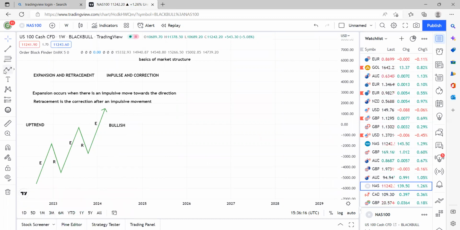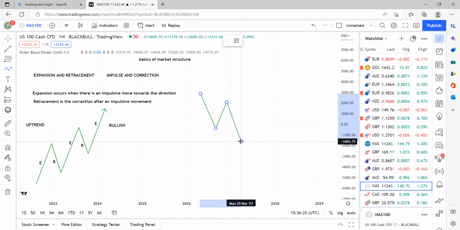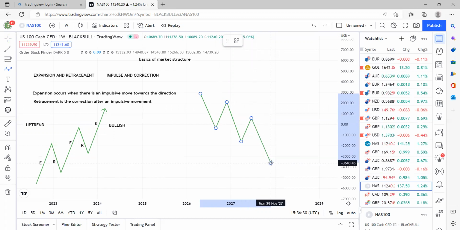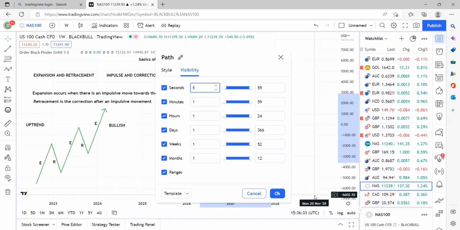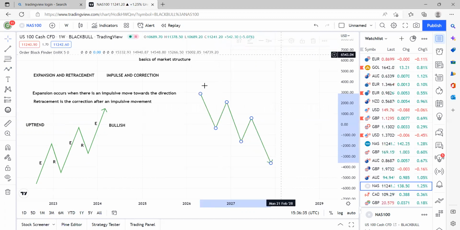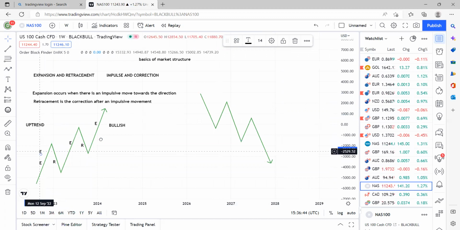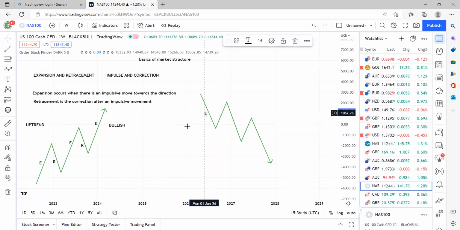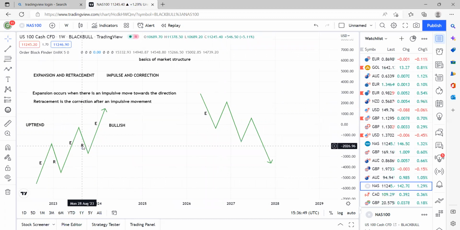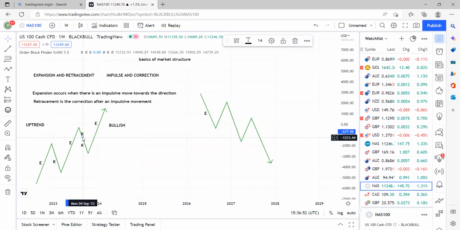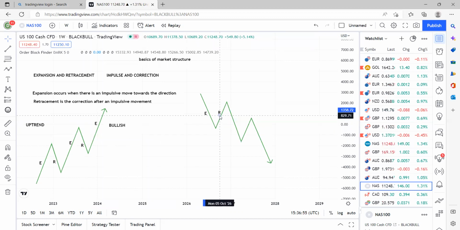And then on this side, we have our high, we have our low, we have our lower high, our lower low, our lower high, our lower low. Same thing this side. We have our expansion, we have retracement.